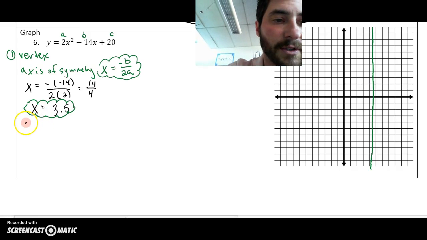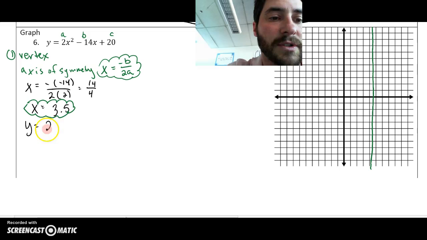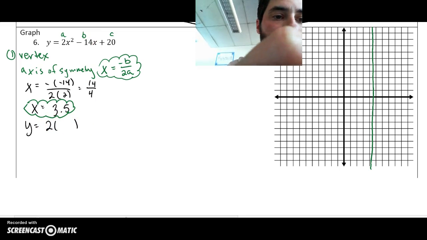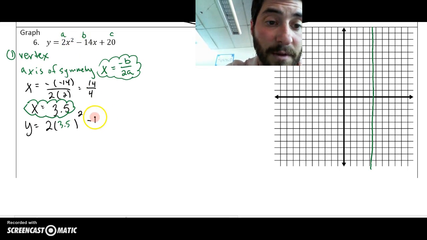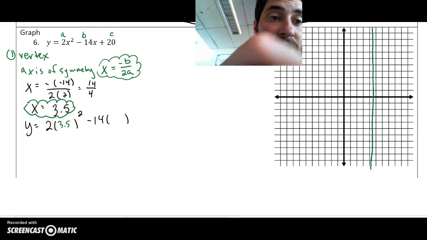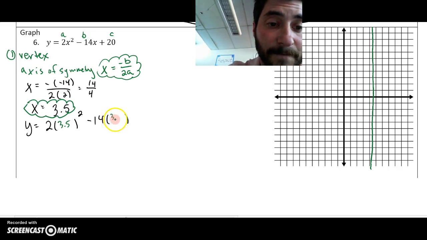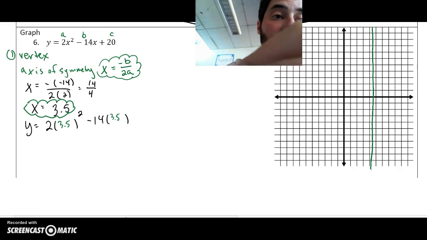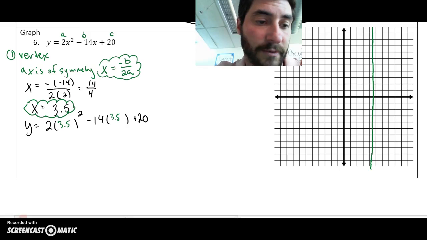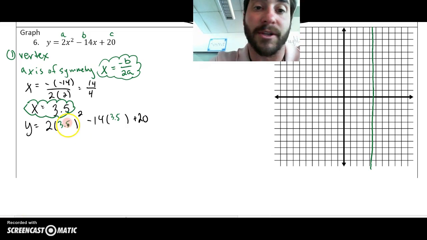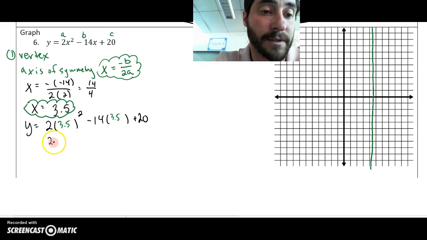So y equals 2 times 3.5, but we're going to square it first, minus 14 times 3.5 plus 20. Let's get a calculator. 3.5 squared, 3.5 times 3.5, is 12.25.